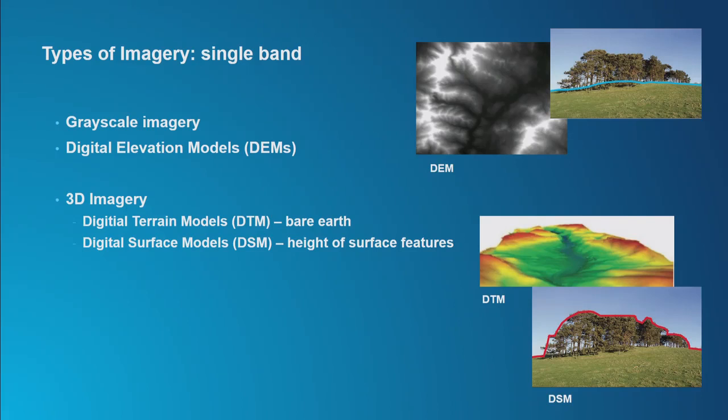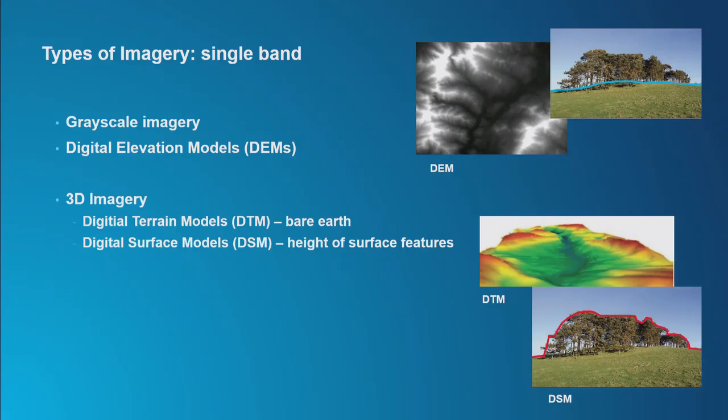If we have a digital elevation model, we can derive what's called a digital terrain model, which basically represents the bare earth in 3D, and a digital surface model, which represents the surface of the earth, which is not necessarily just bare earth, right? It's trees, it's buildings, it's whatever makes the surface of the earth where the light bounces back from.